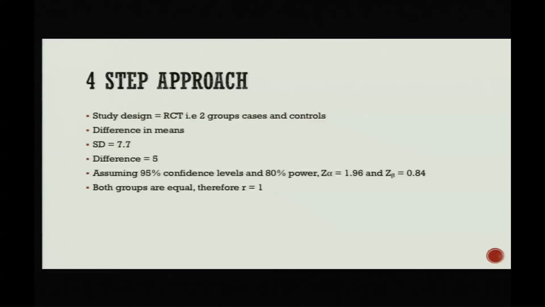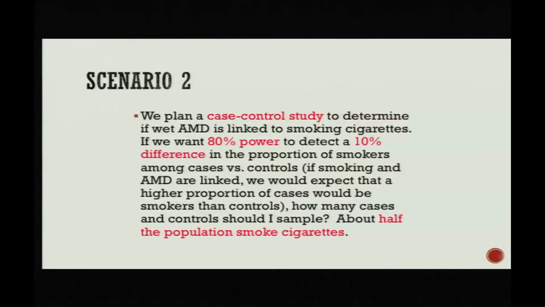So it was a randomized control trial, so you had two groups, a cases and a control group. This was a difference in means. The standard deviation is already mentioned, which is about 7.7. The effect size or the difference is 5. And assuming a 95% confidence level, an alpha error of 5% and a beta error of 20%, you just put these values in the formula and you will get the sample size.